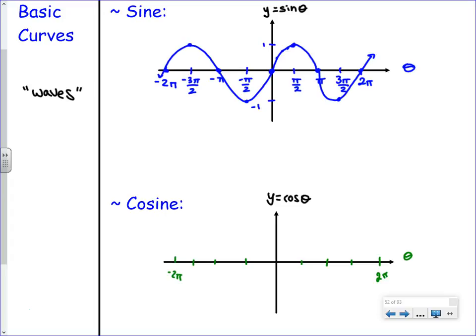Cosine, just like sine, also goes up 1 and goes down 1, in the sense of going -1 and +1. But the difference is sine starts at 0. What's the first x value at 0? What's the cosine value? 1. Cosine starts being displaced.